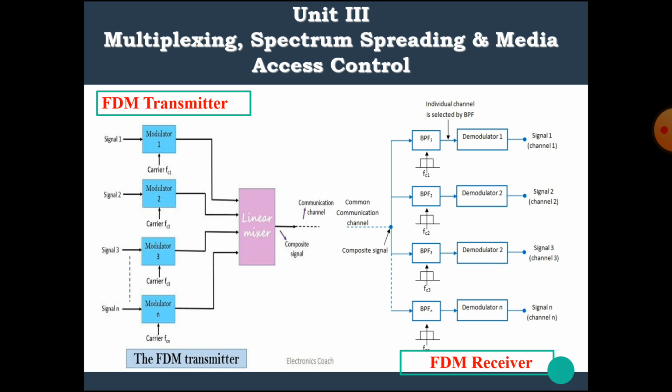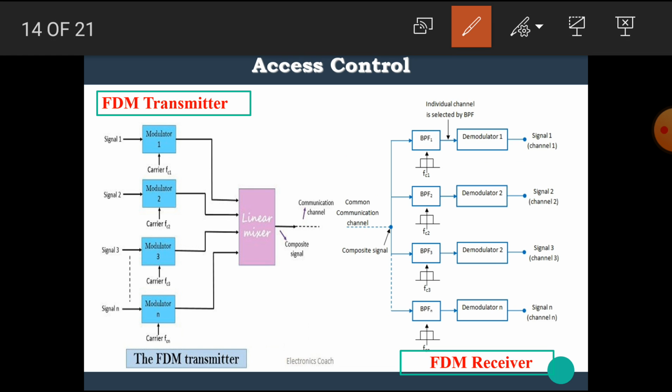This is the total diagram of the FDM transmitter and FDM receiver, in which we can see that n number of signals are added into a linear mixer or multiplexer through modulators.